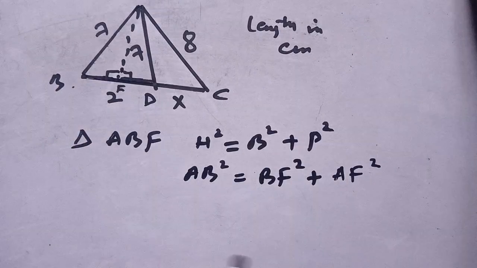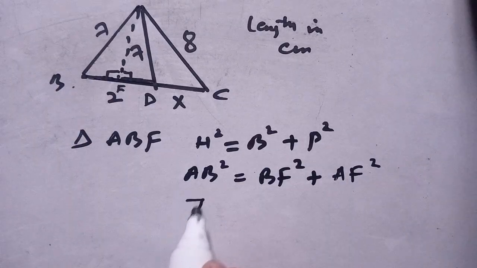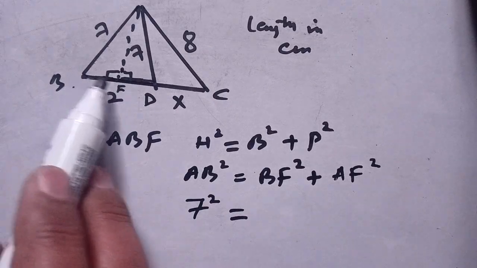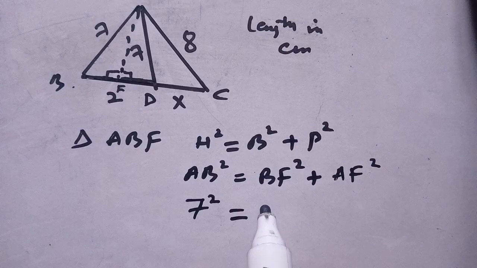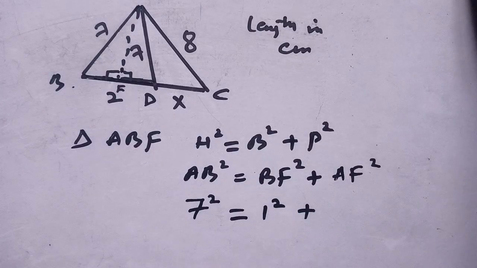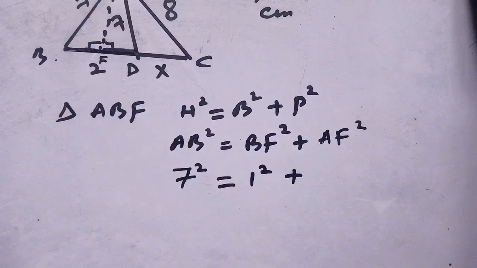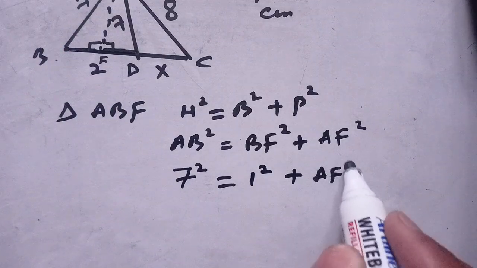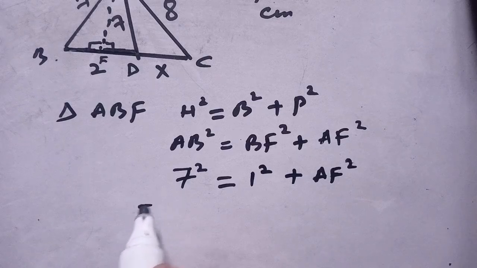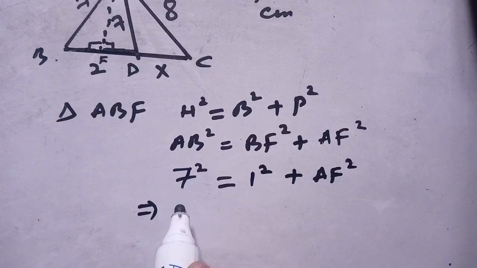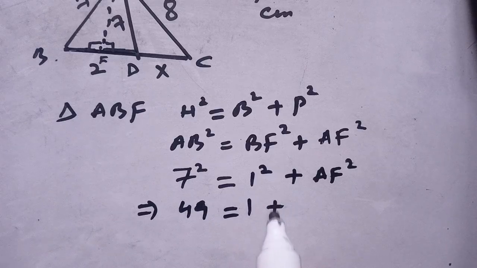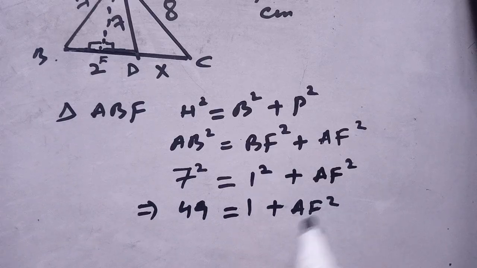Now AB is given as 7 centimeters, which means 7 square is equal to BF square, and BF becomes 1 centimeter, so 1 square plus AF square, which implies 7 square, that is 49, is equal to 1 plus AF square.